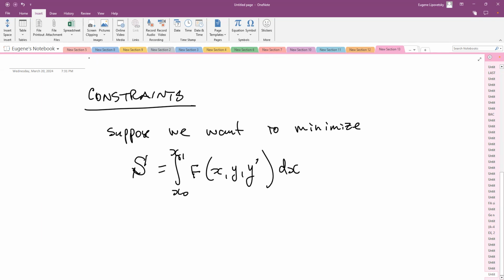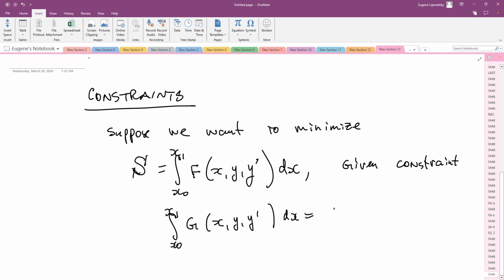But this time, the y are not independent, given a constraint: the integral from x0 to x1, same limits, of g of x, y, y prime dx equals c. That's a constant.